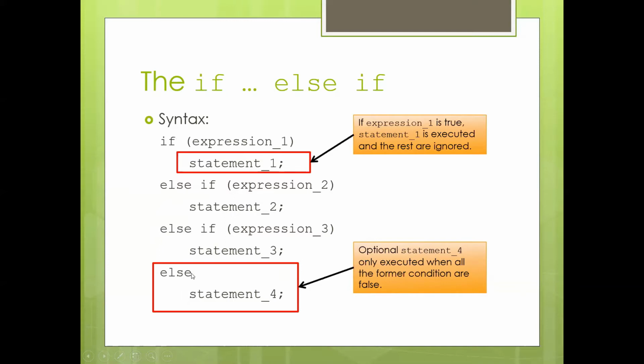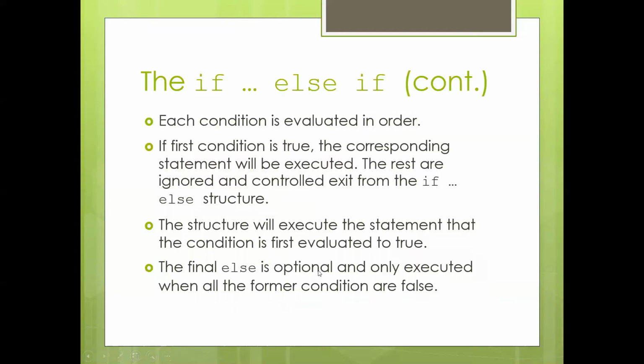Remember, else does not have a condition, whereas else if has a condition. Please remember the syntax. Don't let me suddenly see you write else with a condition. The syntax for multiple selection is else if with a condition, but for the else, you don't have the condition. Please remember it, guys.